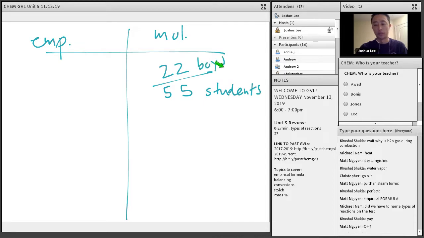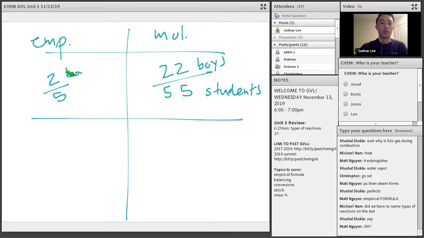So that'd be your molecular formula. Your empirical formula would be 2/5 boys, students. So your empirical formula is just the simplified version of your molecular formula.